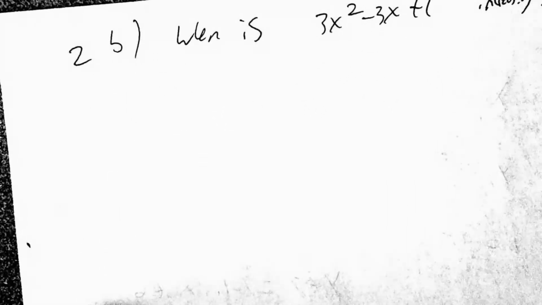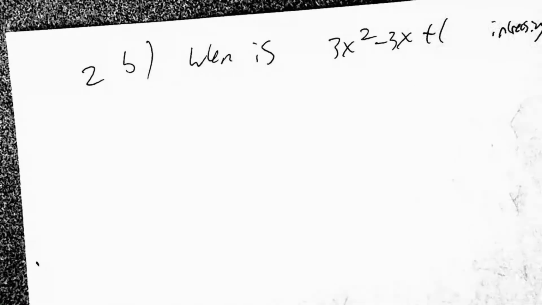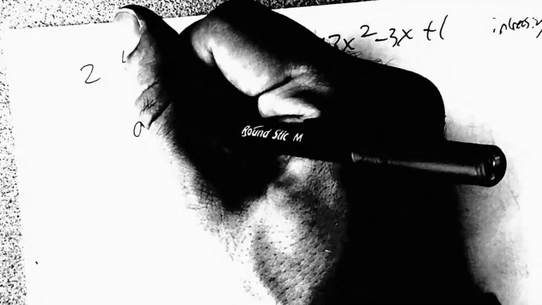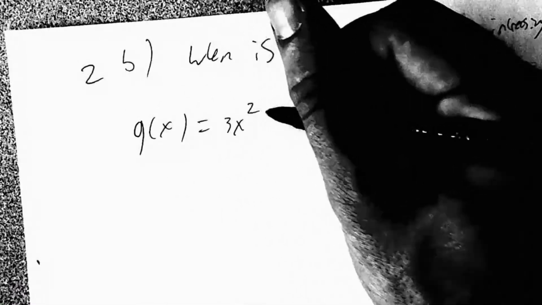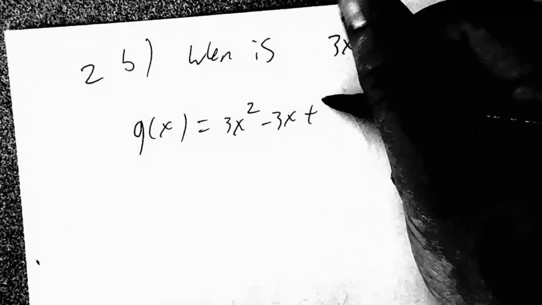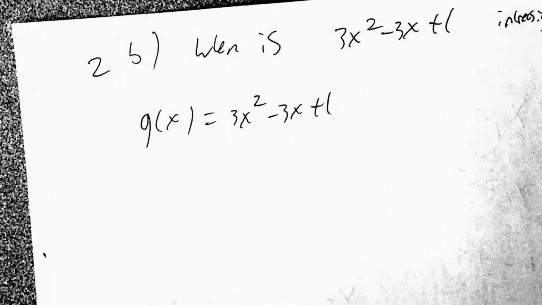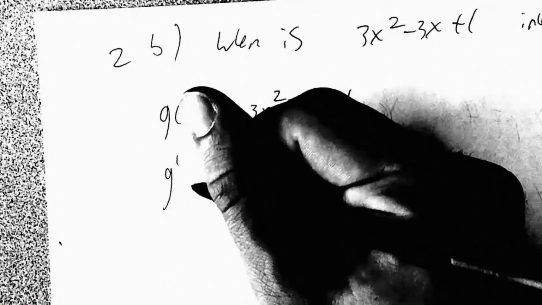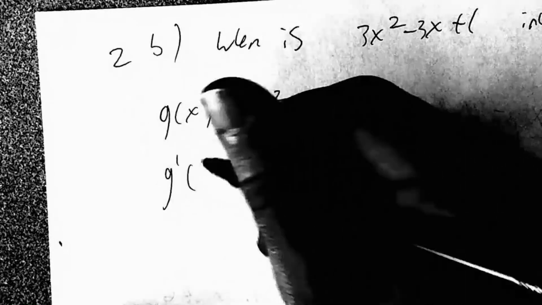Well, how do we know if it's increasing or decreasing? That's the derivative. So if I have g of x equals 3x squared minus 3x plus 1, and I'm not graphing this, then the derivative can tell me exactly when it's increasing or decreasing.